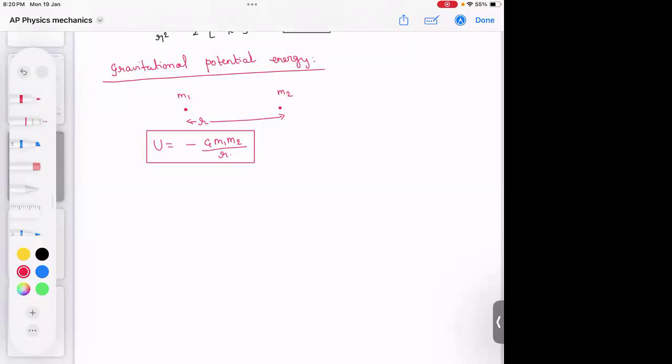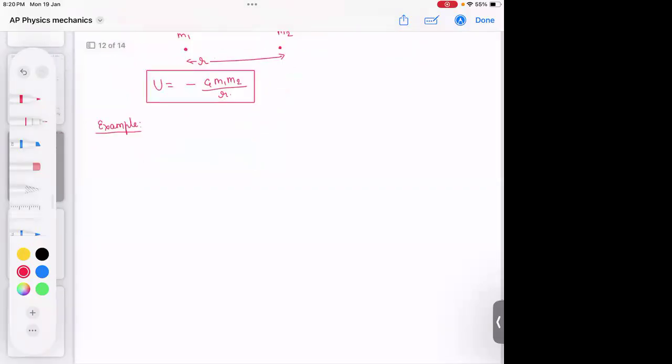Understood? Is that clear? So whenever we have to calculate the gravitational potential energy of a number of particles, what should we do? We should add all of them, isn't it? Sometime they will ask you a question, something like this.